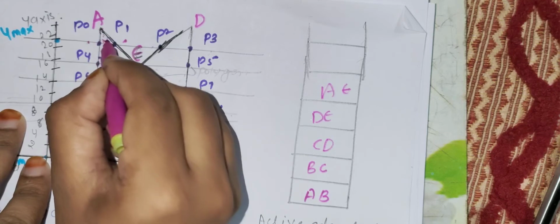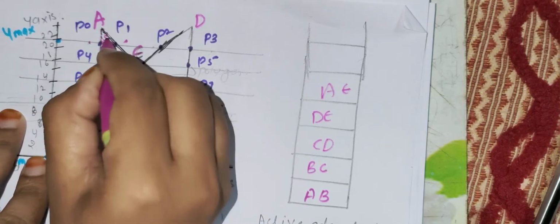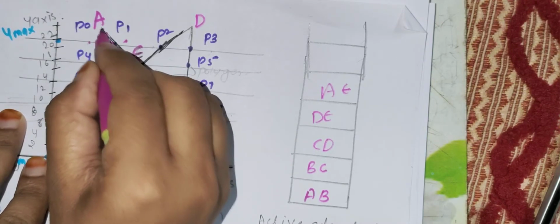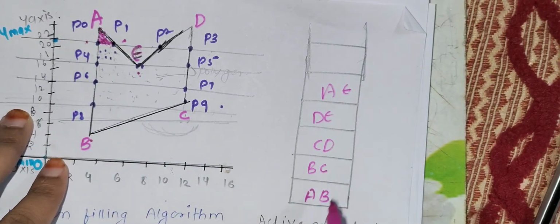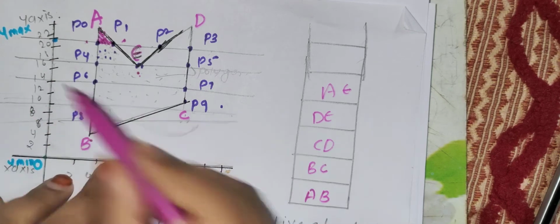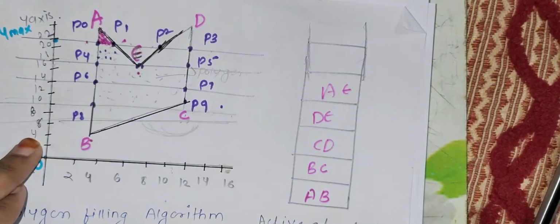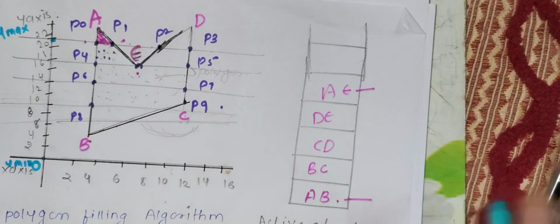So the available pixels will follow the rule and start filling the polygon. When will they fill? They have to take permission from the edge list bucket, or active edge list bucket. P0 and P1 are from AB and AE, so AB and AE will grant the permission for filling.